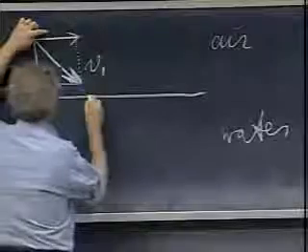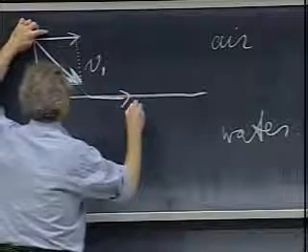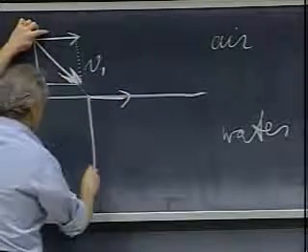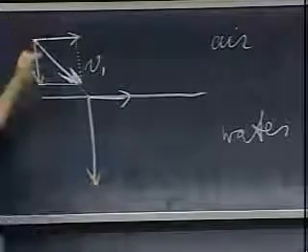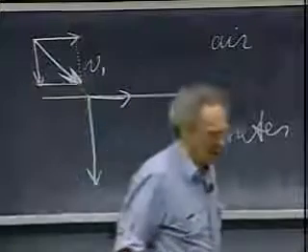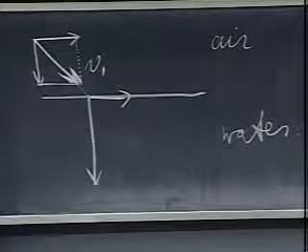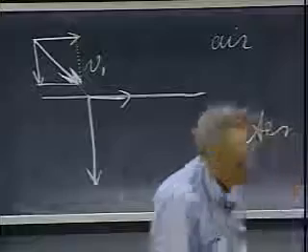Why? He didn't tell us. But he said it gets an acceleration perpendicular to the surface. In other words, this horizontal component does not change. That remains what it was. But this component changes. This becomes substantially larger, depending upon the index of refraction, of course.